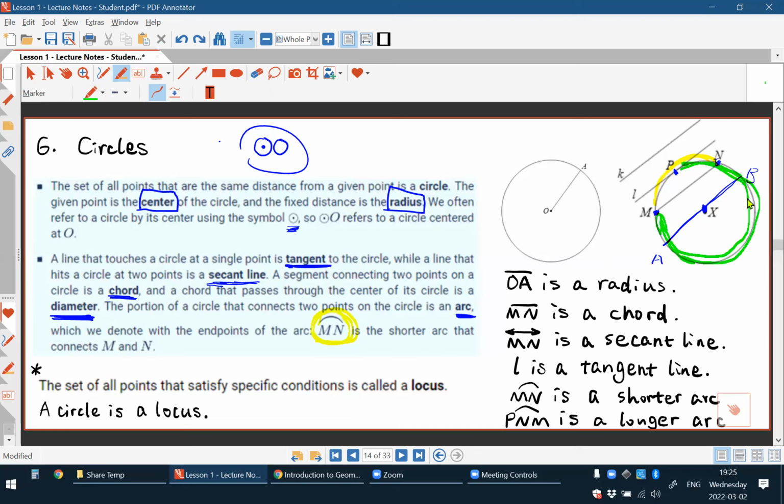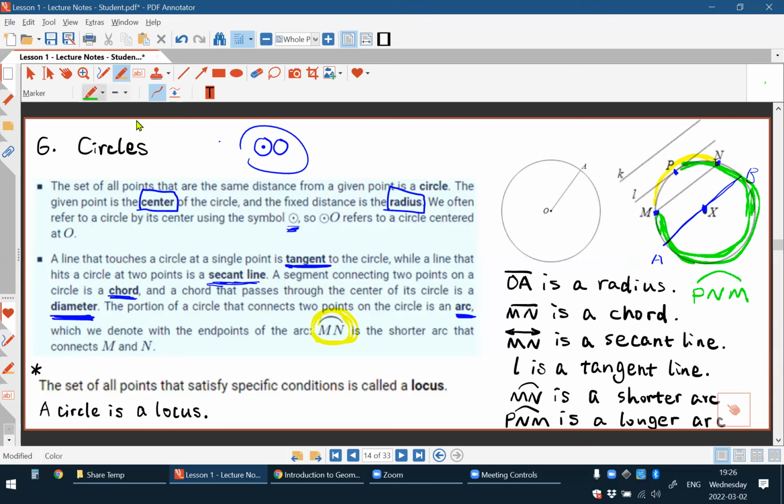If we want to denote the longer arc, we can use 3 letters. P is the starting point, and we can choose any arbitrary point on this arc, for example N, right? And then the end point of the arc M, and use these 3 letters to denote the longer arc, right?